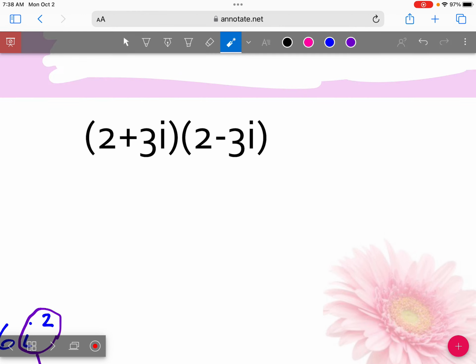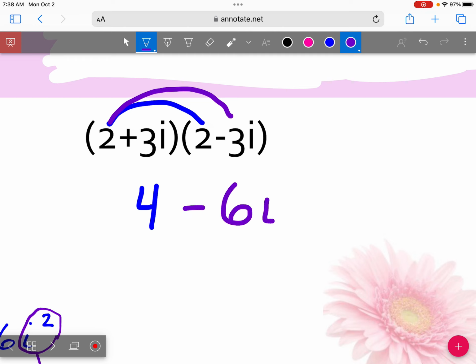So we're going to do this one. I'm going to take my 2 times 2, and that gives me 4. I'm going to take 2 times minus 3i to get minus 6i.